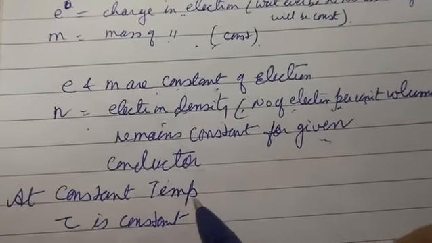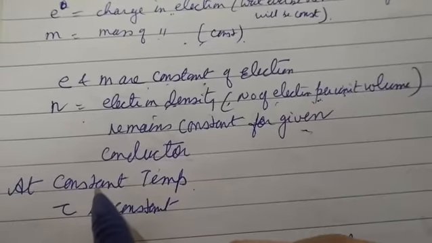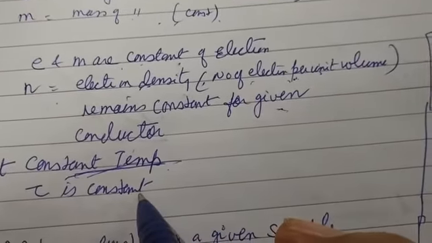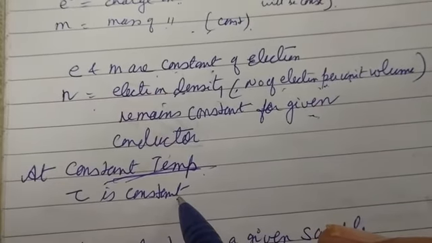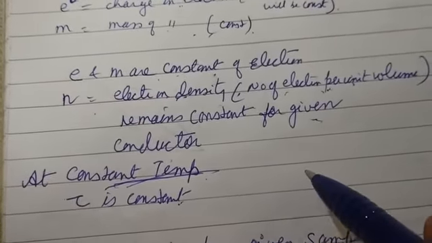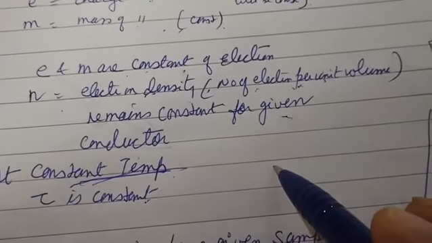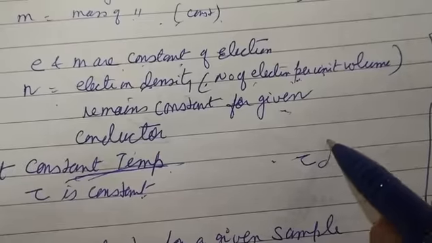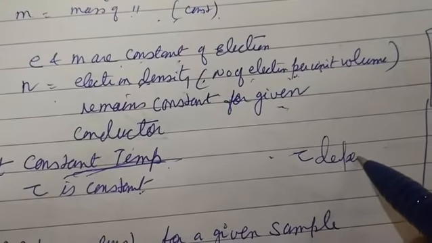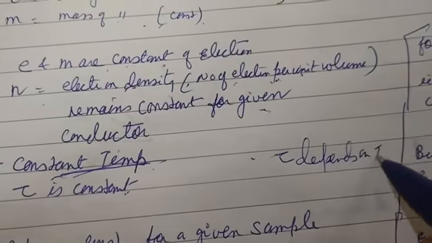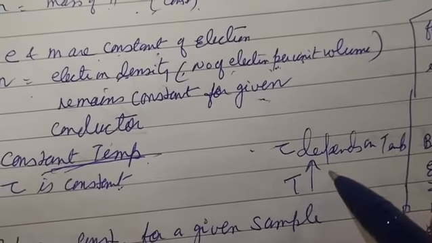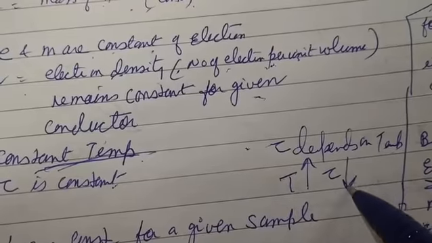Now at constant temperature, tau is also constant. This relation we have already discussed in the previous class or video, that tau depends upon temperature. If temperature increases, tau decreases.